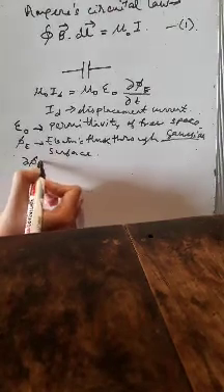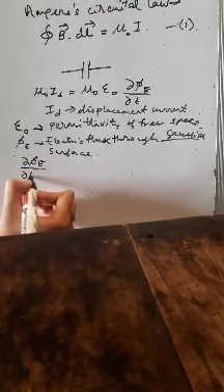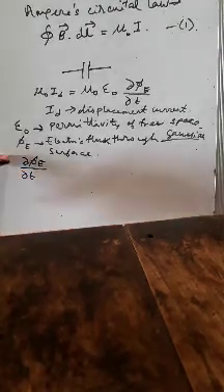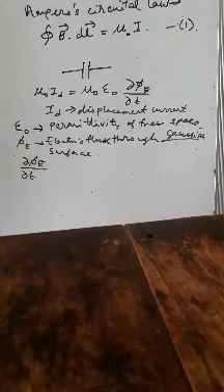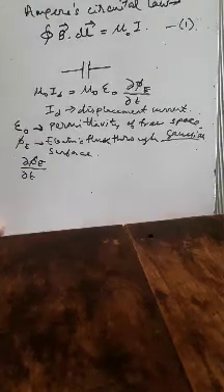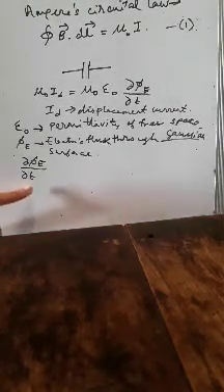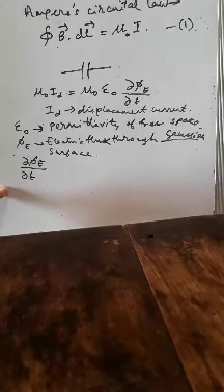Let us consider del phi E by del t, that means differentiating electric flux with respect to time t. This particular expression shows the rate of change of electric flux. It's very natural, think of it in a mathematical way.